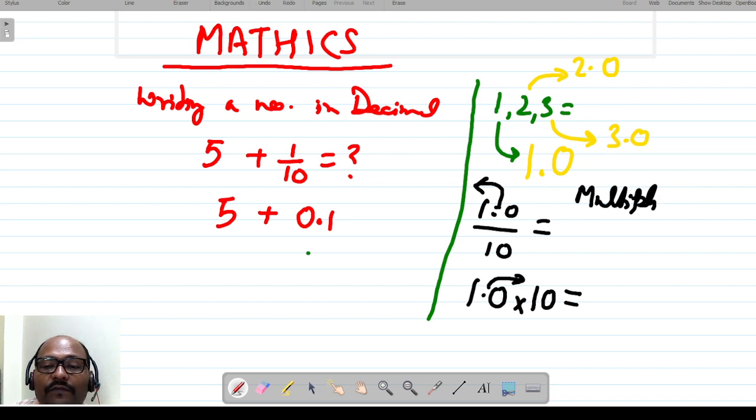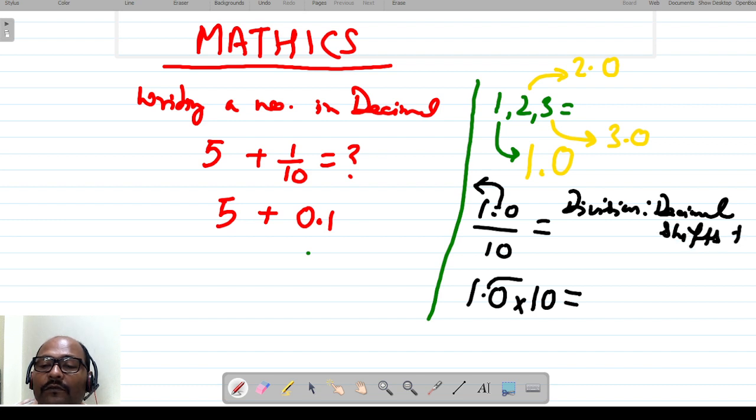Initial was for division. So when division is there, the decimal shifts towards the left.